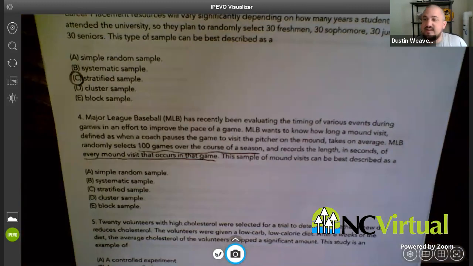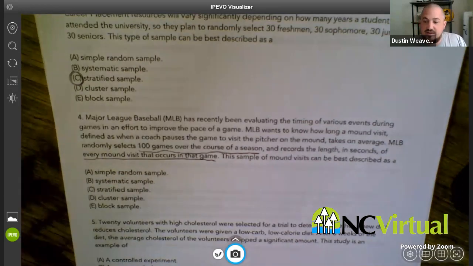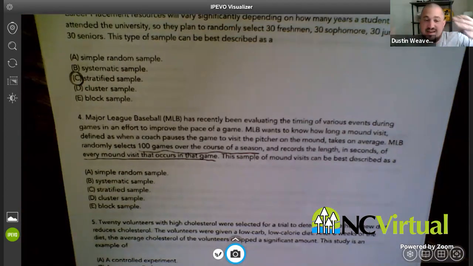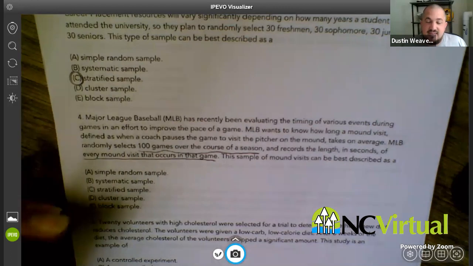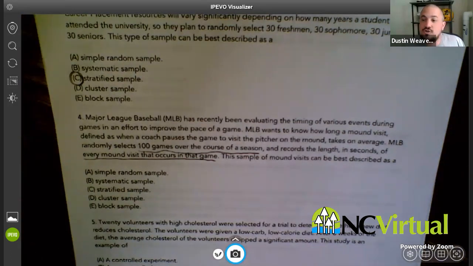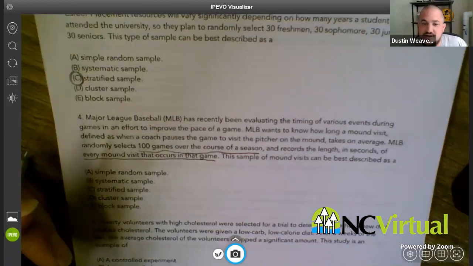Okay. So each team plays 162 games in a regular season. Over all the games, there's thousands of games that go on in a season. They're selecting 100 of those thousands of games, but then they're giving us every single mound visit from those 100 games.